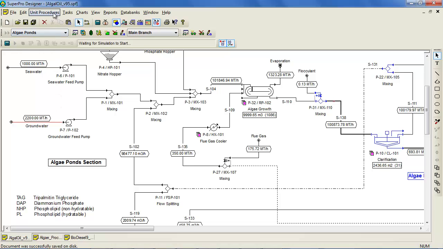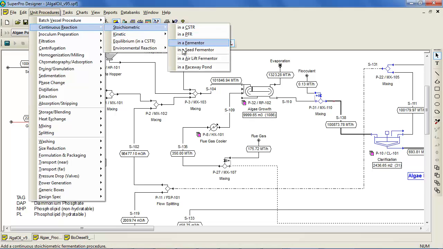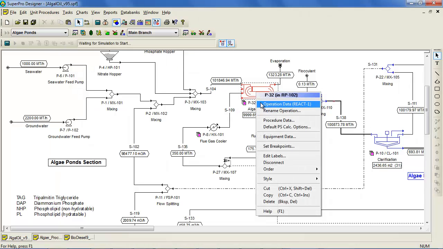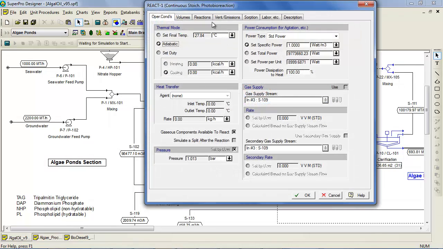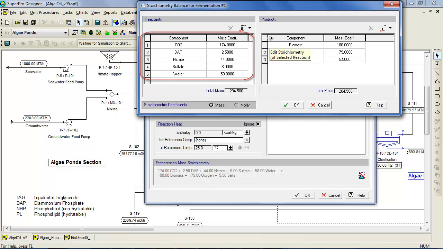In this example, the algae production is modeled using a raceway pond unit procedure. The relevant algae production parameters are specified on the Reactions tab of the React operation in this unit. In this example, CO2, DAP, nitrate, sulfate, and water are consumed within the raceway ponds, and biomass, oxygen, and salts are produced.